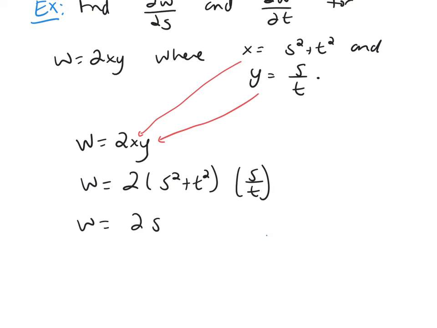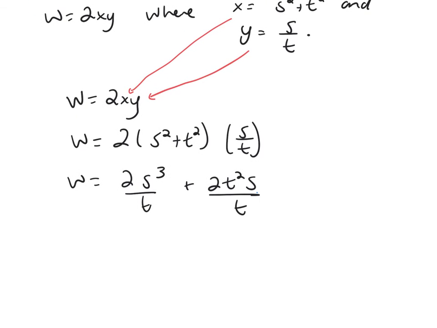This will be 2s cubed over t plus 2t squared s over t. So if I simplify that second fraction, I'll get w equals 2s cubed over t plus 2ts.